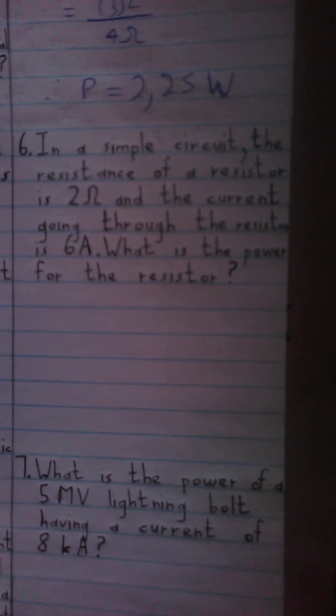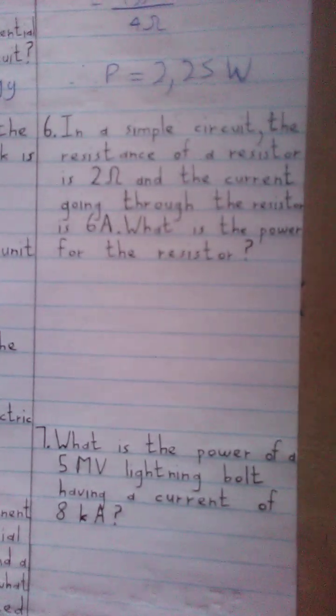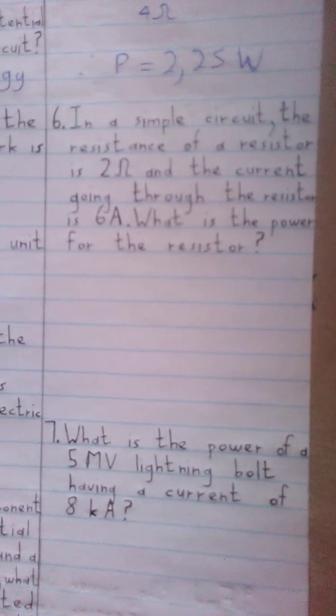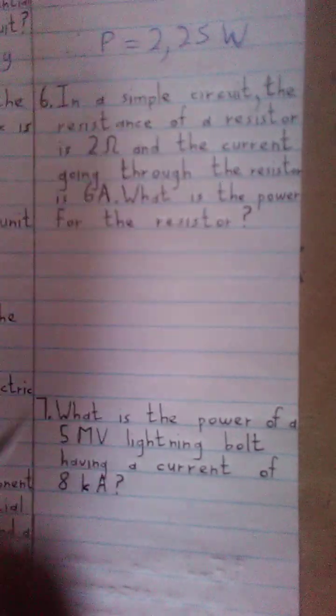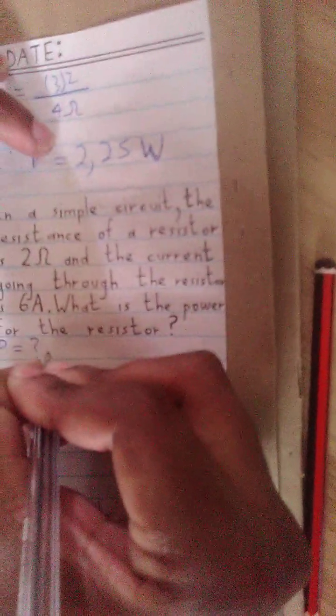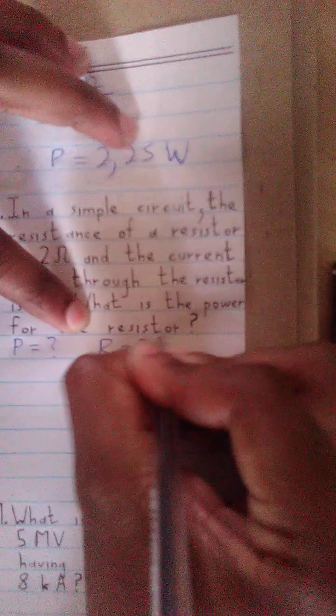Number 6 states, in a simple circuit, the resistance of a resistor is 2 ohms and the current going through the resistor is 6 amperes. What is the power for the resistor? So once again, we are looking for power. We are given that the resistance is 2 ohms and the current is 6 amperes.